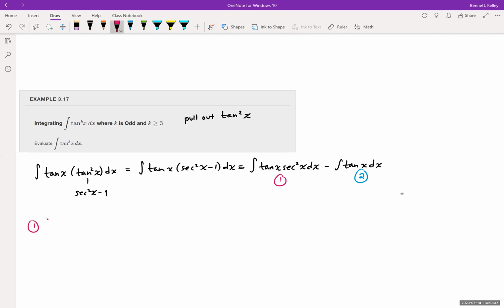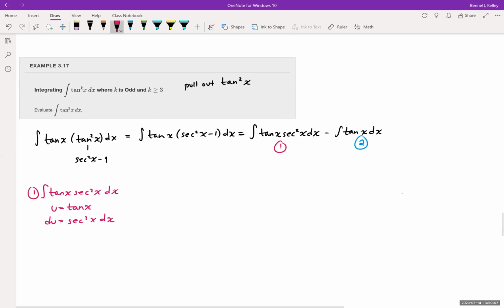So for the first guy, the integral of tan x secant squared x dx, this is pretty straightforward. U is tangent of x, so that du equals secant squared x dx, right? Which was the whole reason for pulling out that tan squared in the first place.